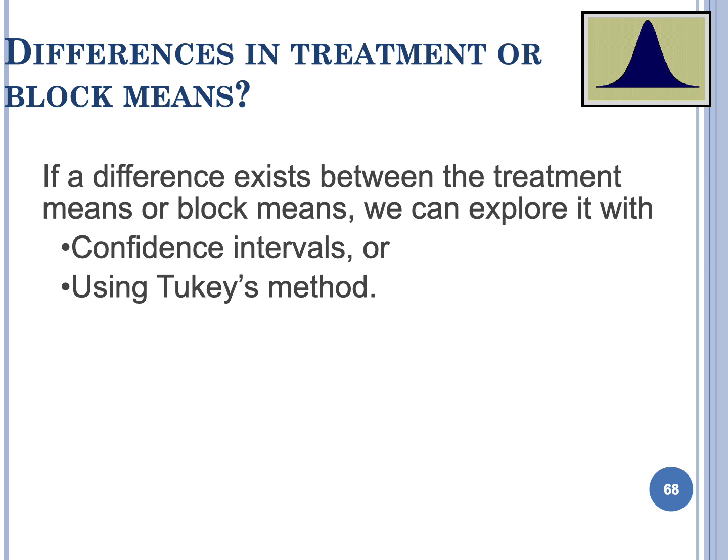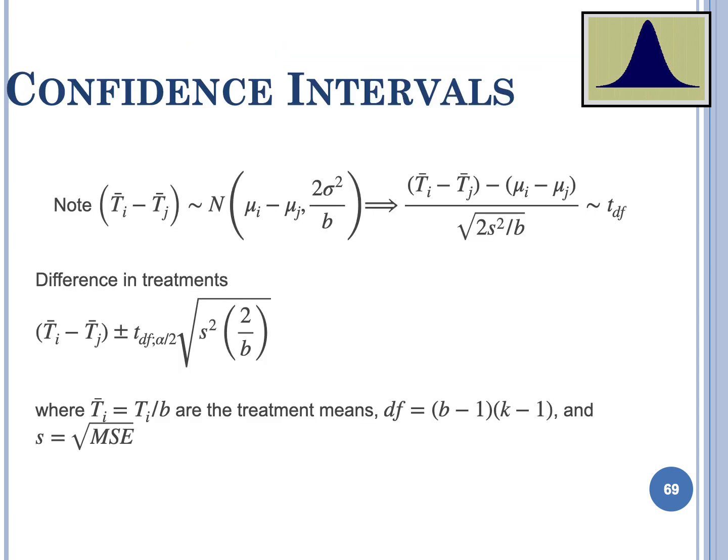So now let's first see how we derive the confidence interval for the difference between the treatment means. The treatment means difference has a normal distribution with mean mu i minus mu j, and the variance is calculated by the variance formula.